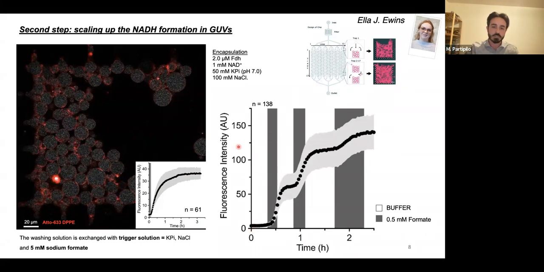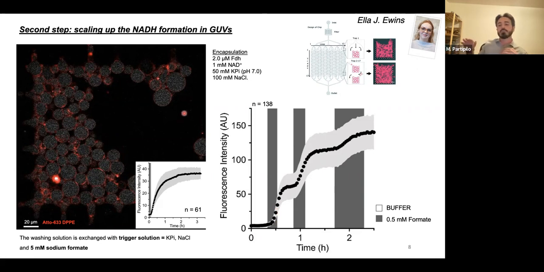As you can see on the y-axis, there is no increase of fluorescence when you flush only buffer, while in the moment we exchange the external solution with the same solution, just with the supplement of formate, we could start to observe the increase in fluorescence corresponding to this luminal reaction that I mentioned.